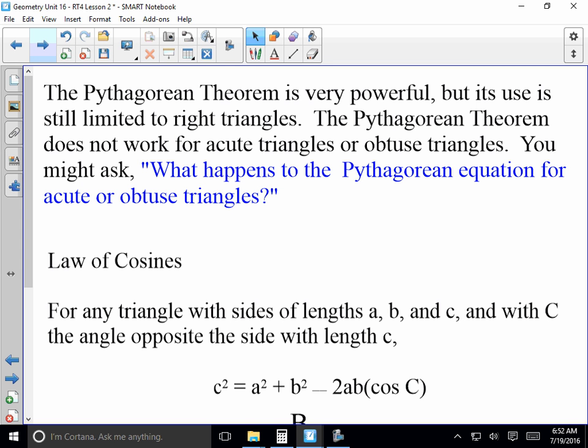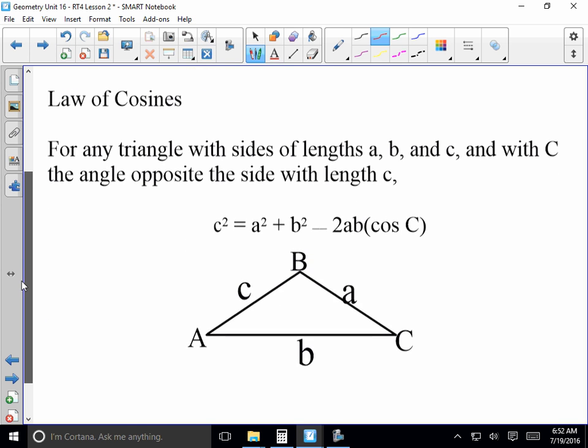Now, in a lot of our homework problems, we've seen in almost every unit we have, we've used the Pythagorean Theorem. A squared plus b squared equals c squared. Now, that is limited to right triangles. So what if we wanted to use a similar type of formula to work with an acute or an obtuse triangle?